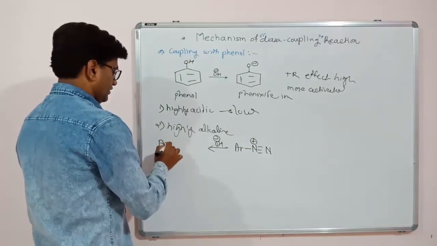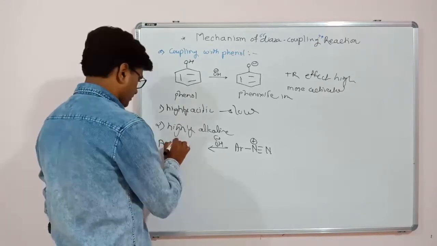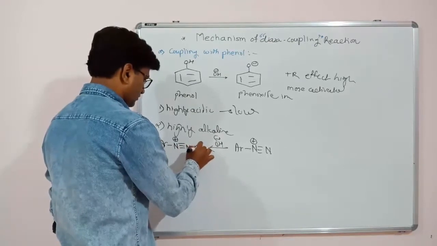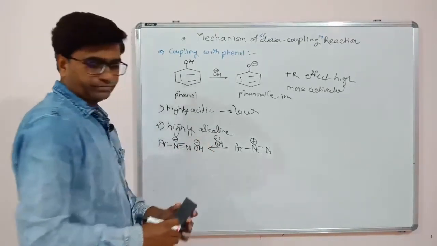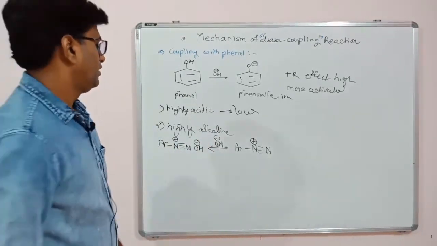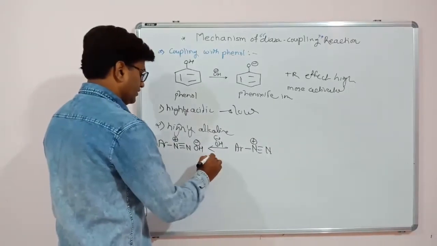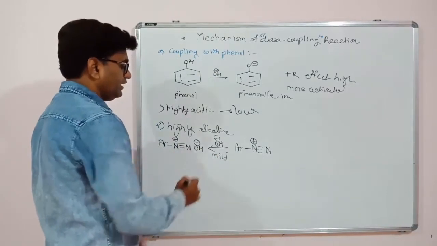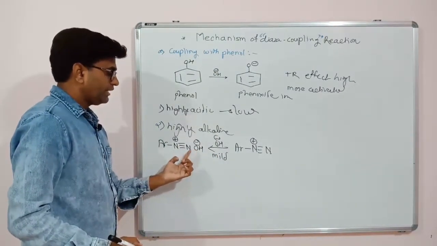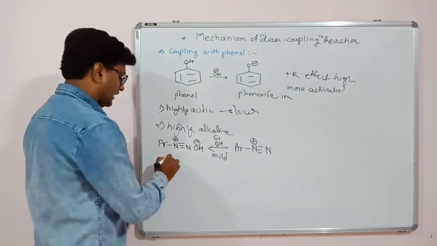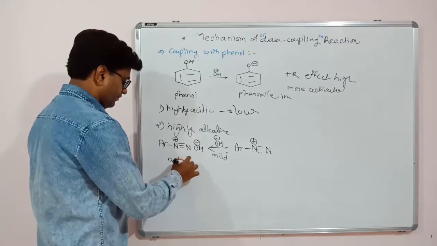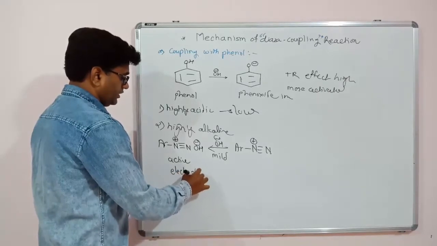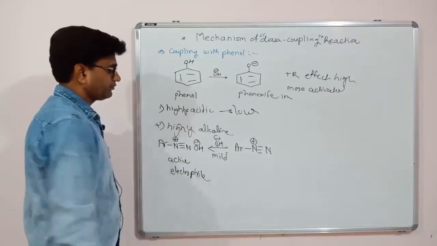So Ar, so here in mild alkaline condition, we have OH minus and N plus. So this is the active electrophile.